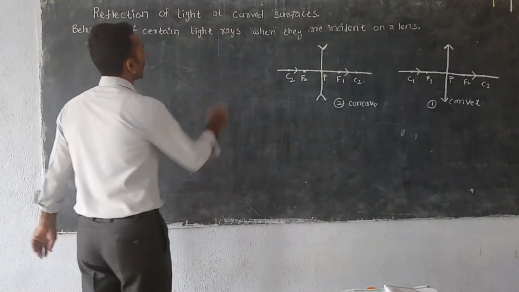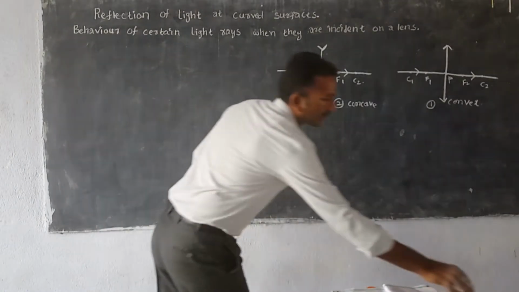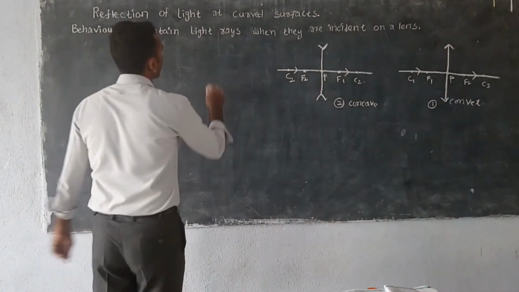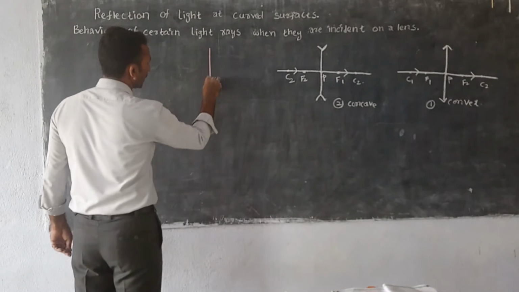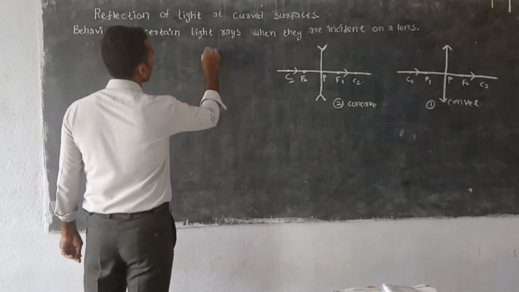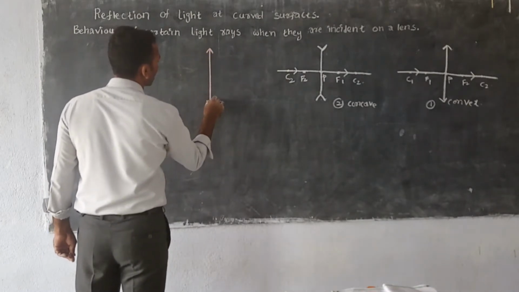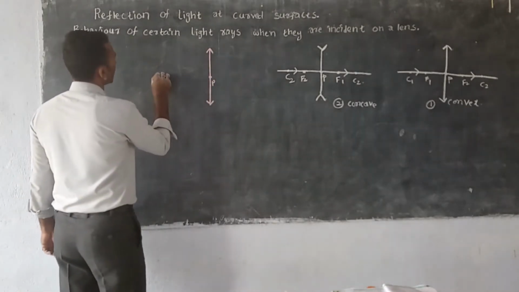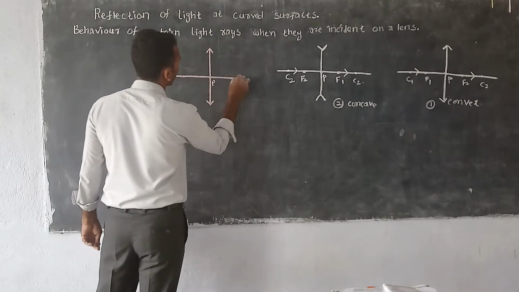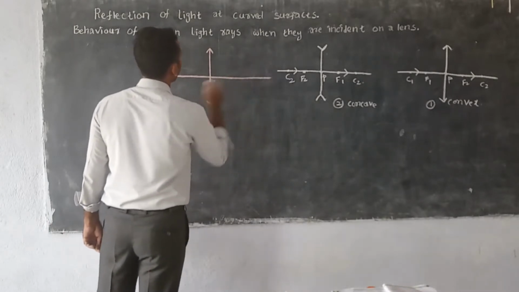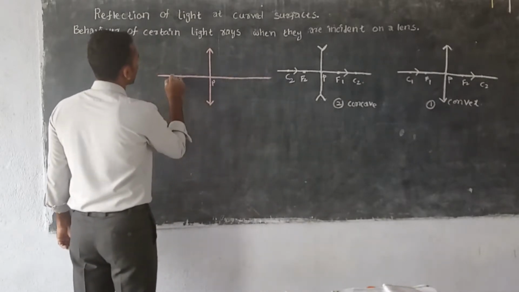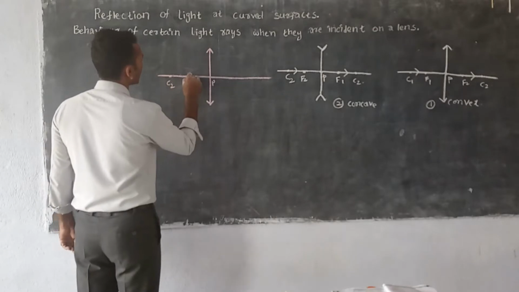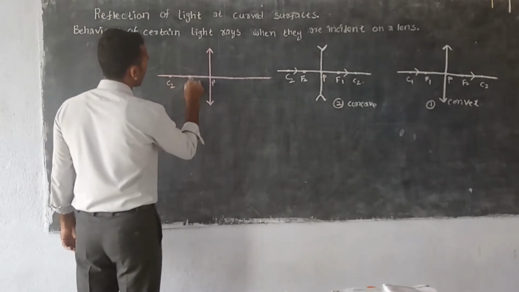And here we are going to draw another ray diagram, first for the convex lens. This is the optic center, and draw the principal axis. This is the center of curvature C2, and this one is the focal point F2.